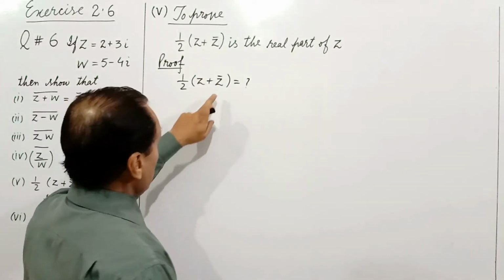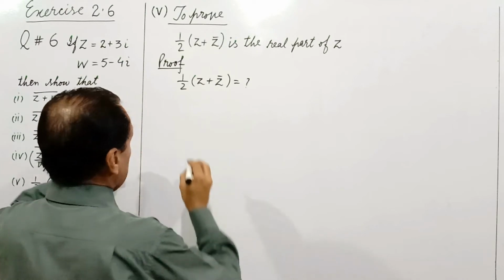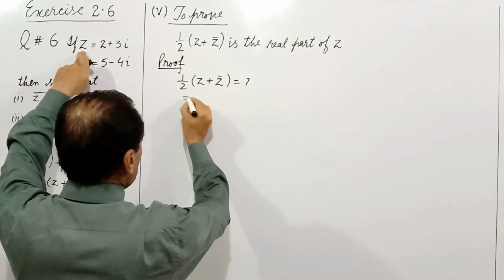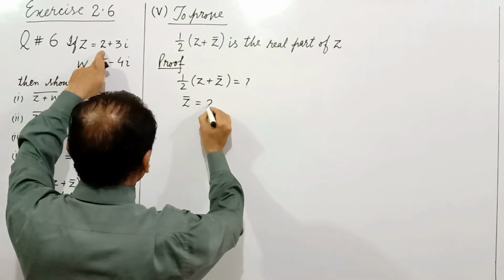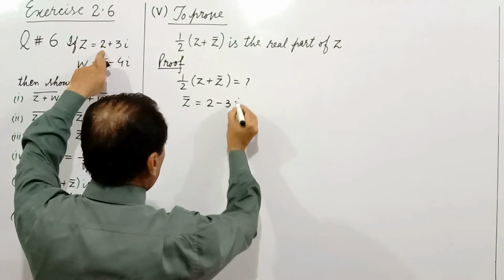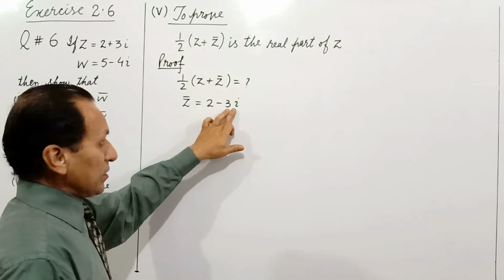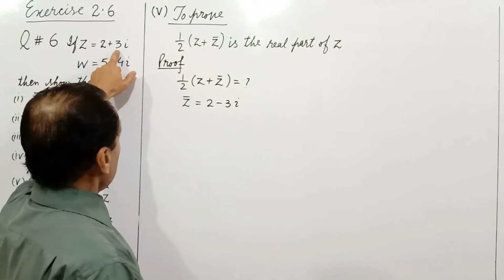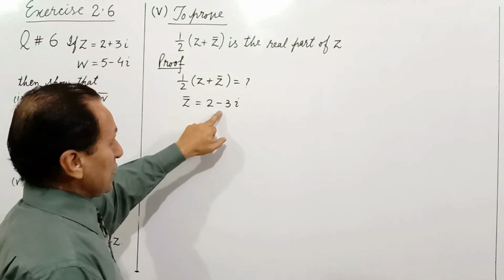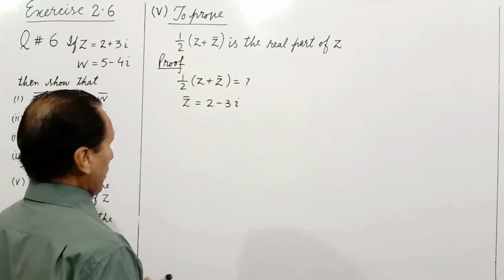And for this, we need the conjugate of the Z, and that is Z bar is equal to 2 minus 3 iota, and that is obtained by changing the sign of imaginary part, that is plus 3 in the given complex number, and we change it as minus 3 over here.